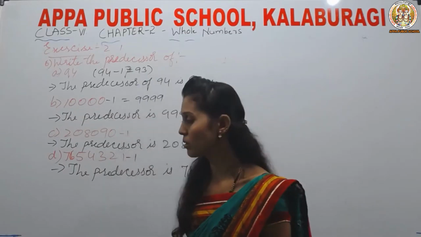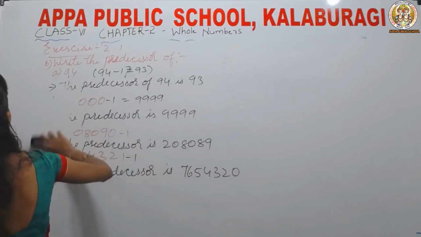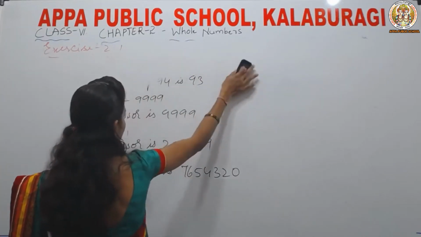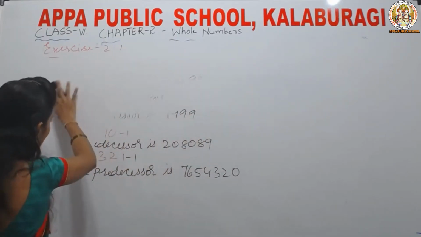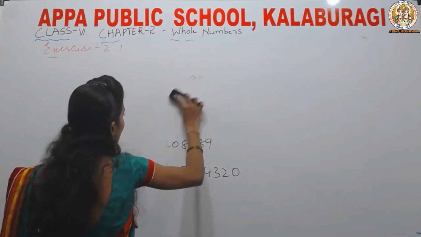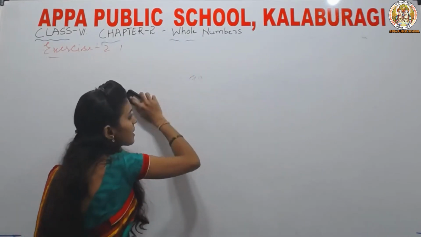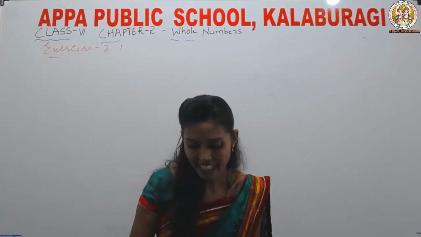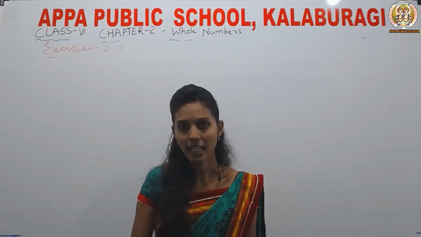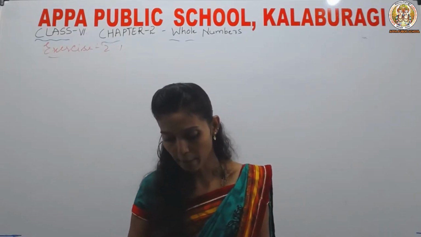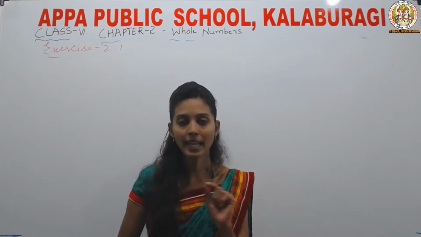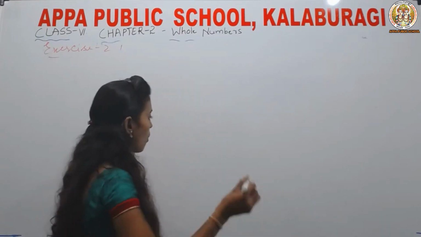So next, we'll go to the next bit. I'm not going to write the bit on the board. Directly, I'll go to the problems, but I'll read the problem. In each of the following pairs of numbers, state which whole number is on the left of the other number on the number line.